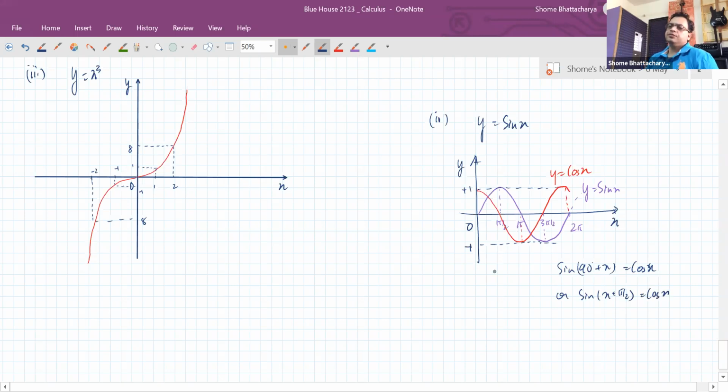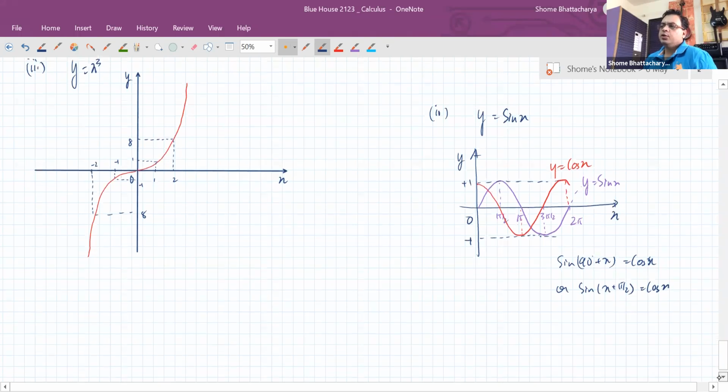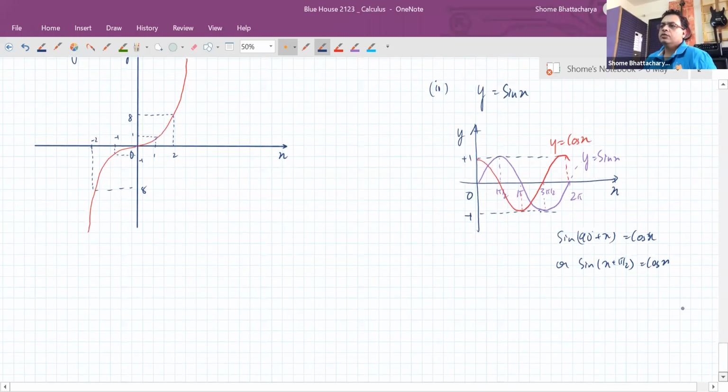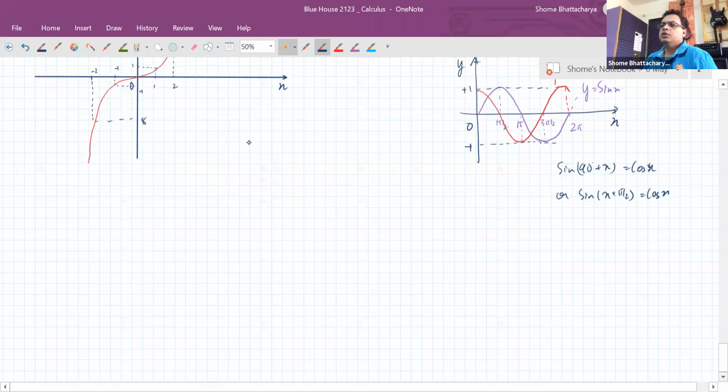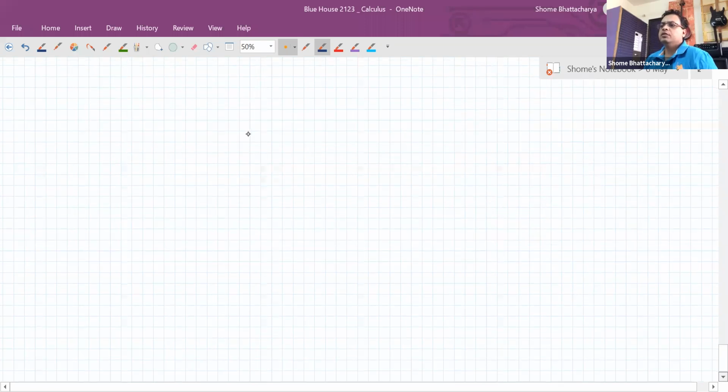So that symmetry you can see over here. Okay, so these are some of the common graphs. Exponential, logarithmic, all this we'll talk about. Okay. Another common one for you to consider is the hyperbolic graph.